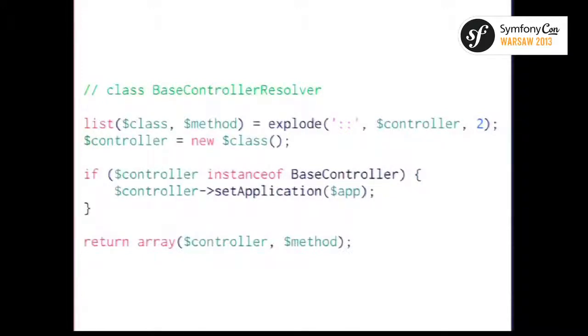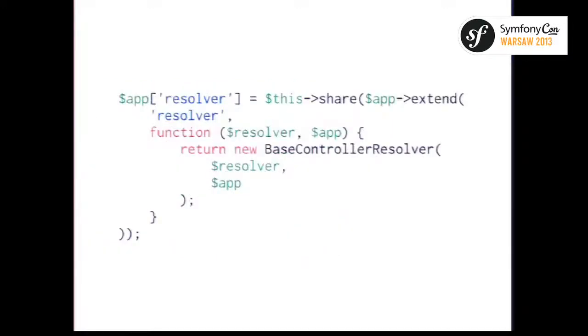So what we need to do is actually create our own controller resolver that will look to see if that object that it's created is actually an instance of our own BaseController, and if it is, give it the application with a bit of setter injection. The way we override the controller resolver is by using the extend method on Pimple, and we pass the original resolver to the new one, and we've actually just decorated it at this point.